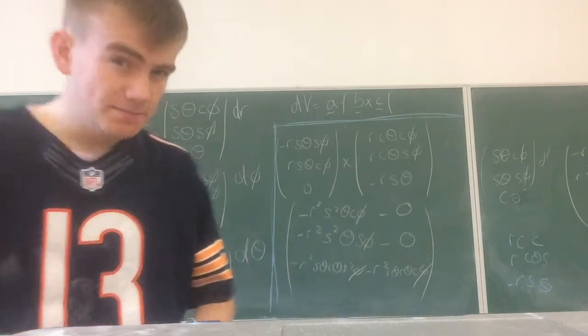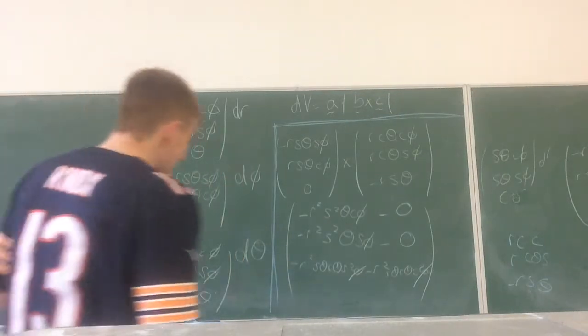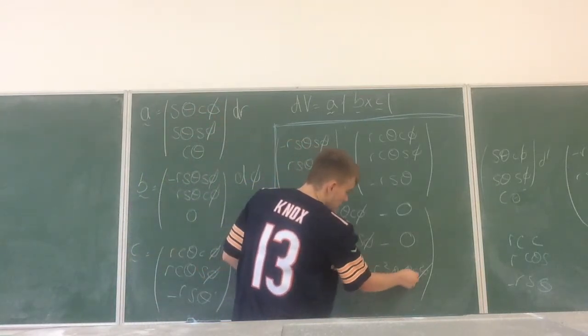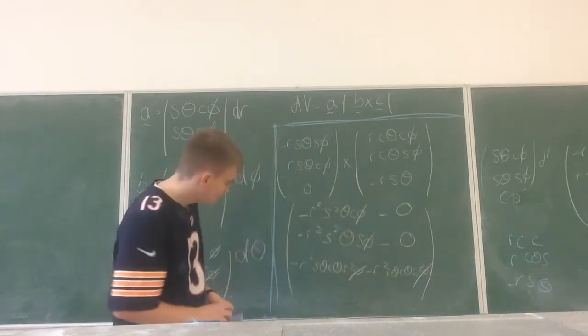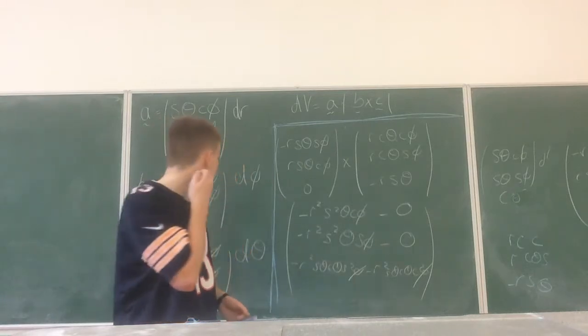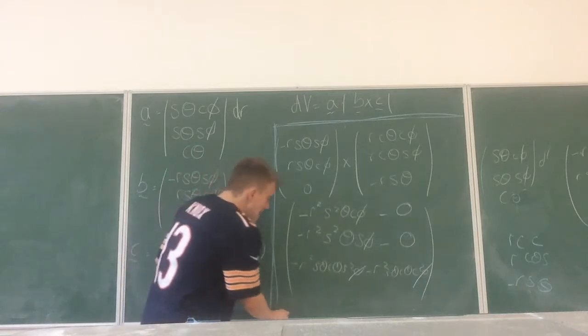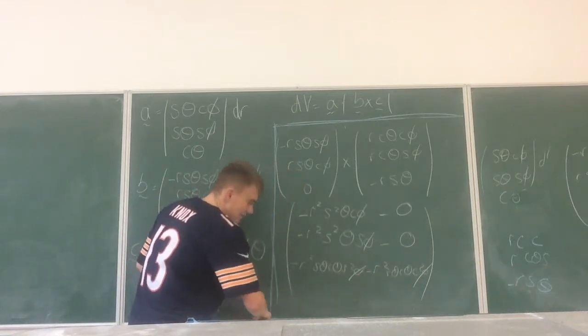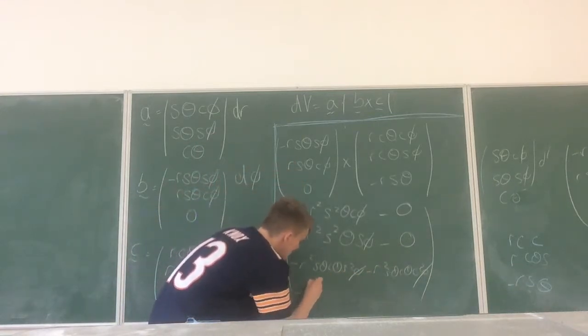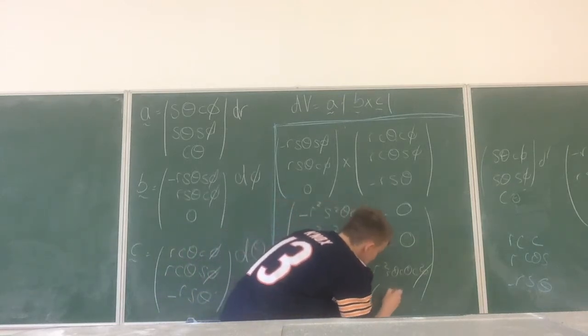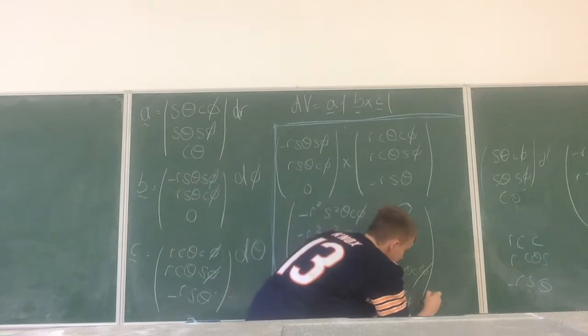And now hopefully we should be able to use some trigonometric identities, namely that sine squared plus cos squared equals 1. So I'll keep all these up. It'll be a little bit small down here, but I hope that's okay. So this down here is just the same as minus r squared sine theta cos theta, sine squared phi plus cos squared phi.